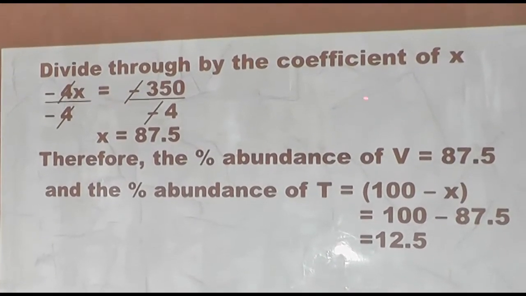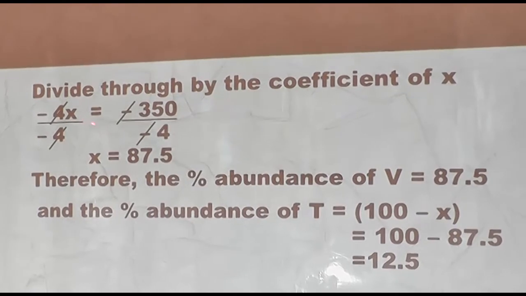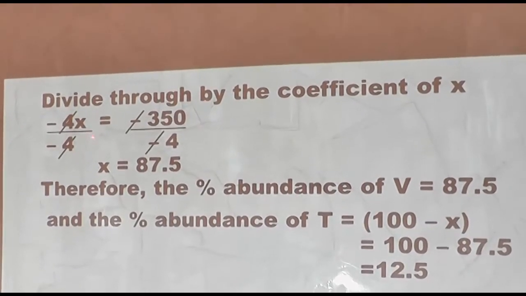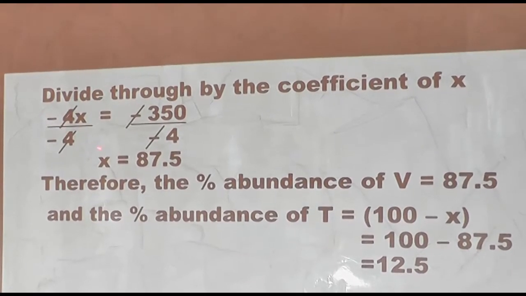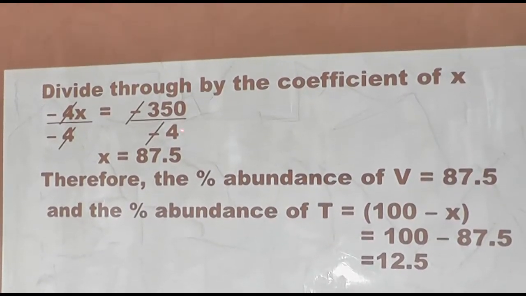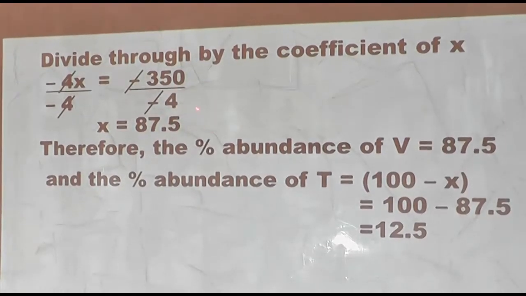Therefore, we divide through by the coefficient of x, which is minus 4, so minus 4x over the minus 4 we are using to divide the two sides is equal to minus 350 divided by the minus 4 that we are using to divide it. Minus 4 cancels out minus 4, which gives us x.